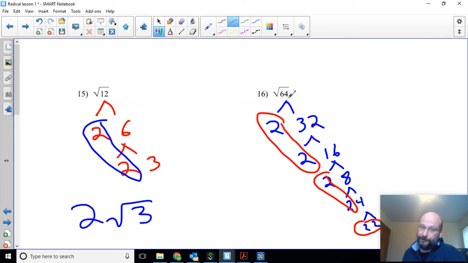So this must be a perfect square. One of these 2s on the outside, one of these 2s on the outside, and one of these 2s on the outside. 2 times 2 times 2 is 8. So square root of 64 is 8, which is true. So I know I did it right.